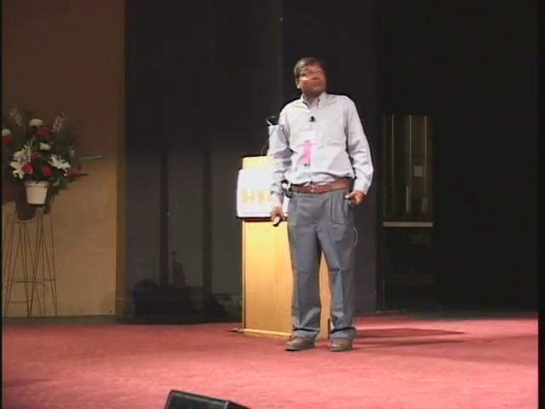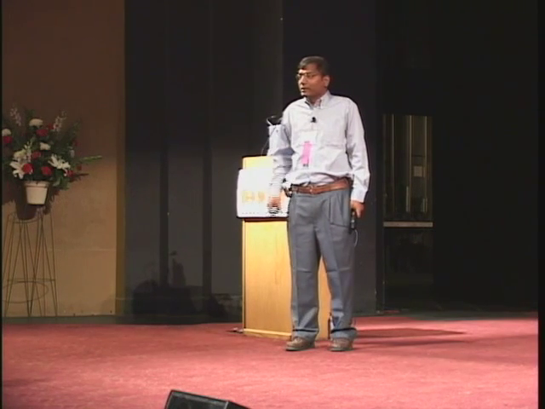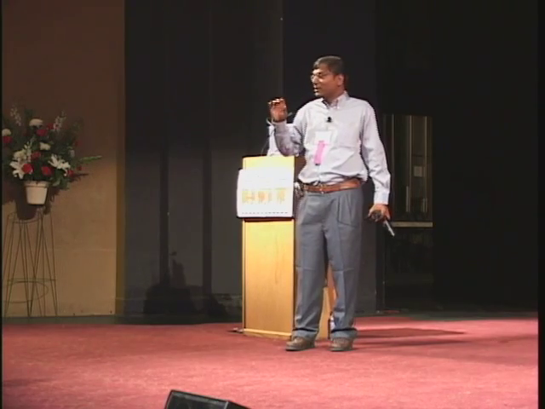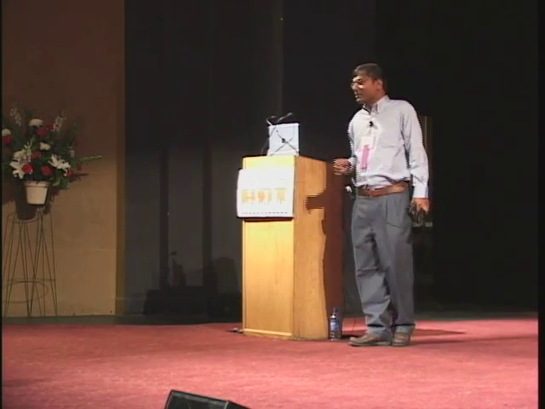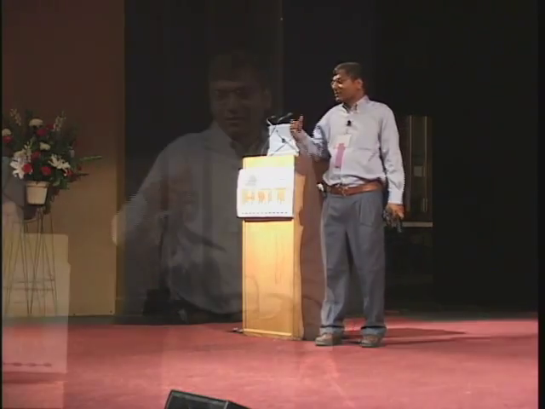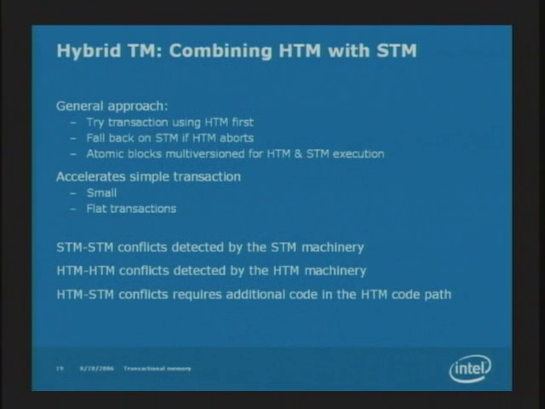And so one of the things that has been proposed, and there's been a lot of ongoing work on this, is can we use hybrid transactional memory? So if a transaction is small and simple and there are no complications, you won't have garbage collection inside and there won't be context switches inside, there's no nesting and so on. So the really small, simple cases, we are going to handle those using hybrid transactional memory. And if we come across something that we can't handle in the hardware, then is there some way we can fall back on the software transactional memory?